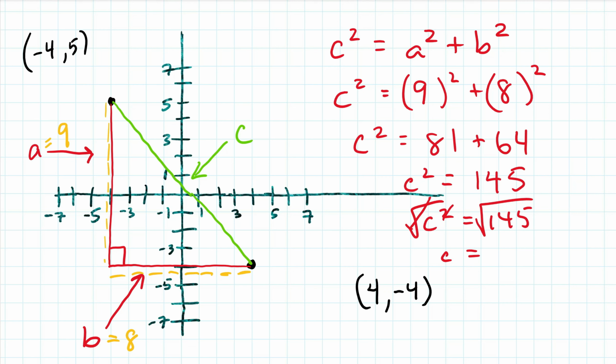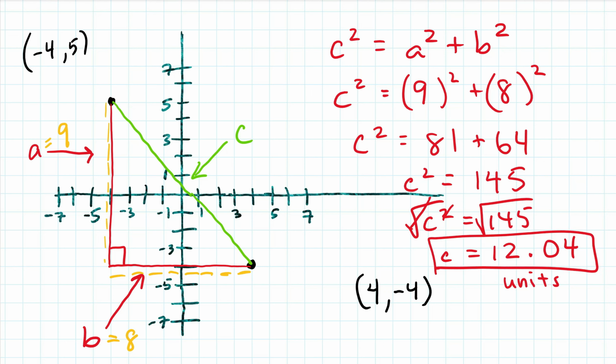Again, that's not a perfect square like the first problem we had, so we could go ahead and use a calculator if your instructor wants you to find the decimal approximation. So I get 12.041, so maybe let's say they said to round the distance to 2 decimal places, so we'll say it's 12.04. So the length of that green line is 12.04 units.